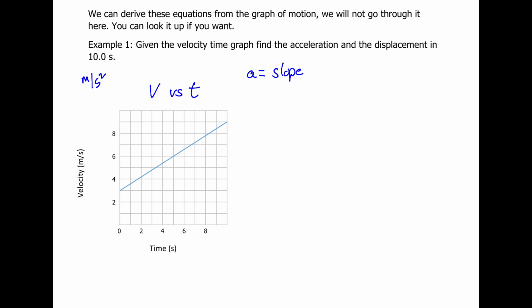So the slope of the line is your velocity over time. We can do our slope calculations. We can go from this point to this point, and do y2 minus y1 over x2 minus x1 for our slope.